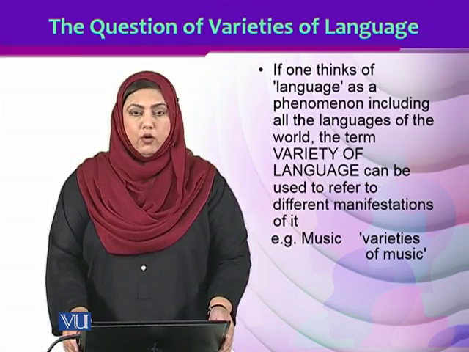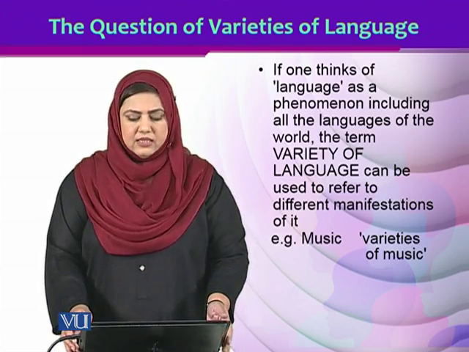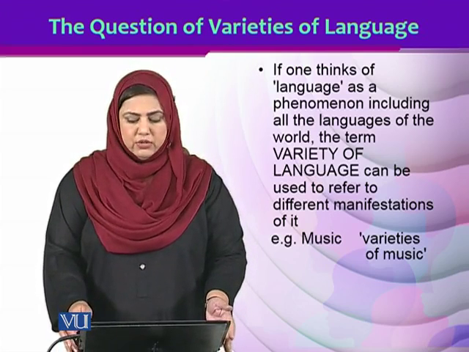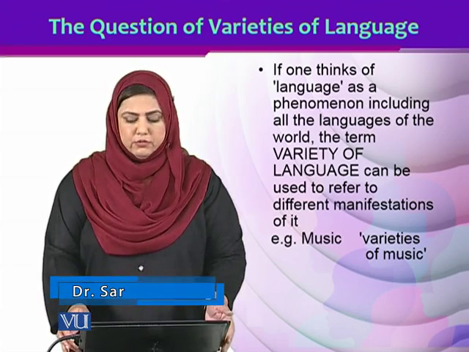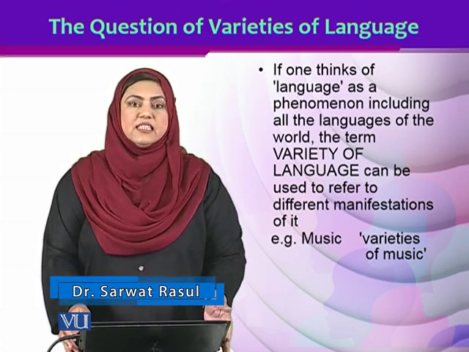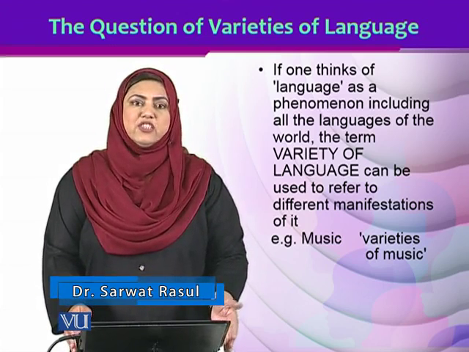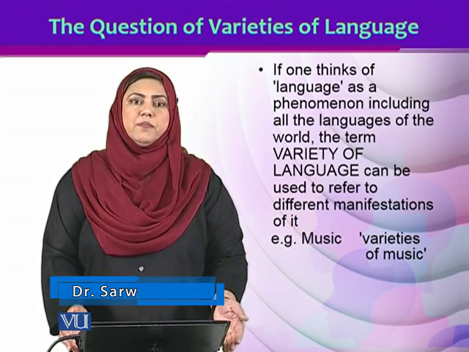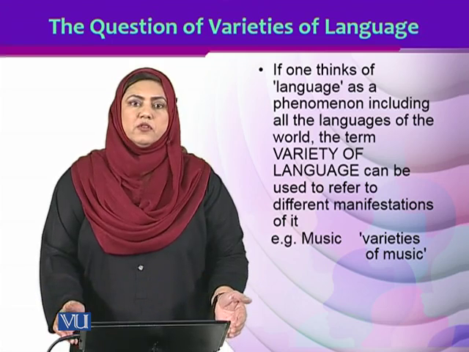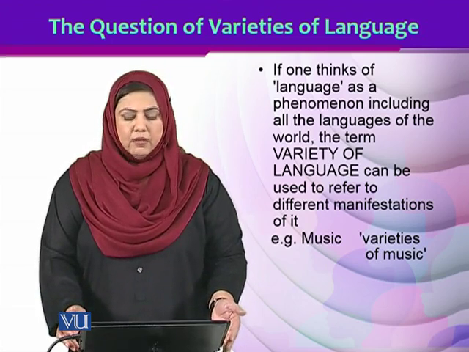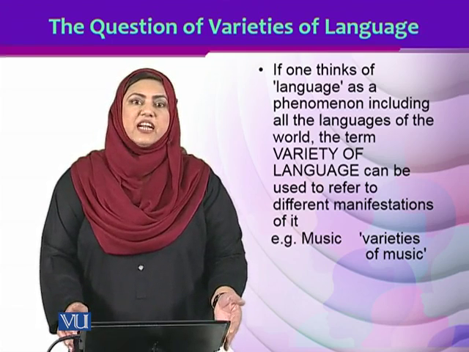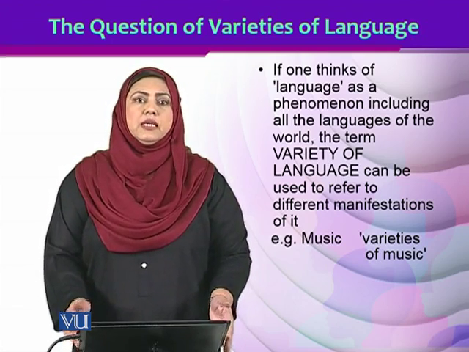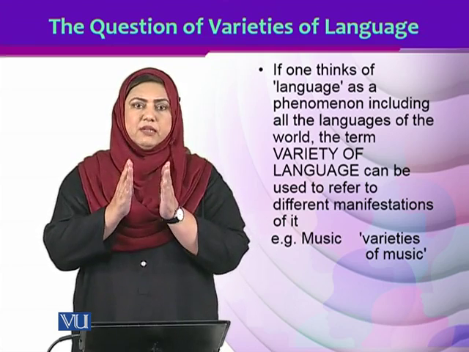Well, if we think of the term variety, and we relate it to language as a phenomenon that includes all the languages of the world, the term variety can be seen in relation to various other uses of the term. For example, when it comes to its manifestation in music, we have varieties of music. And how do we identify a particular kind of music?